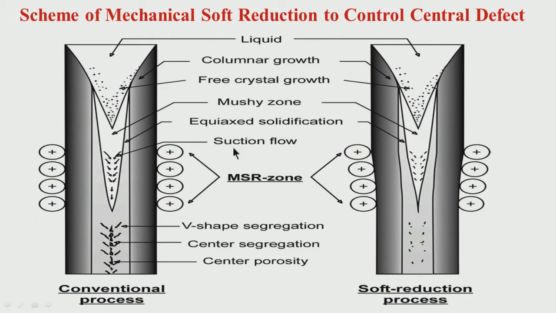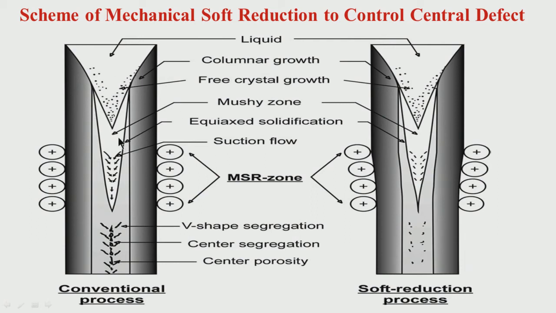solid shell. So you see here columnar growth, initially from the surface, as I was mentioning earlier. Now how much columnar growth there will be depends on the superheat, or if you use electromagnetic stirring then you can control the extension of the columnar growth and you will have some amount of equiaxed growth here.